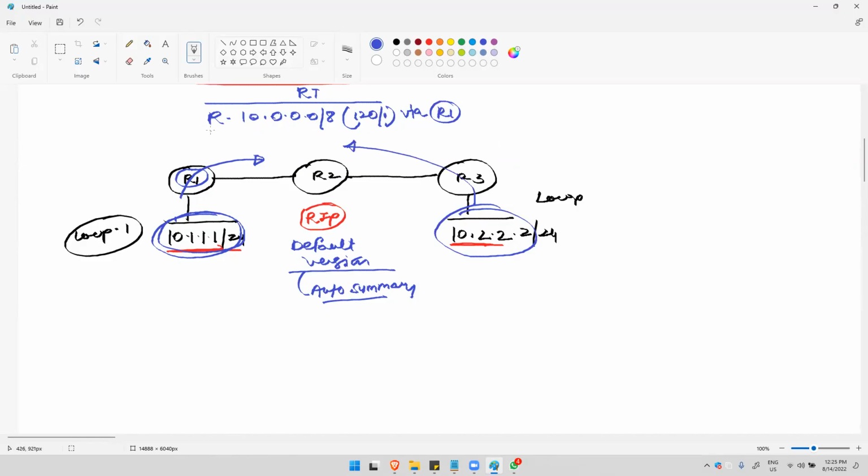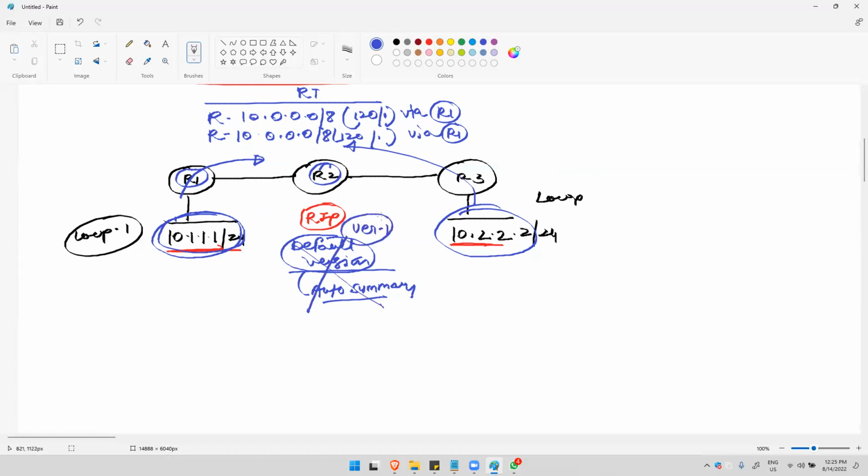If R3 shares this network information, then router 2 again receives the route 10.0.0.0. It will conflict. So from R2 to this side, is communication possible? No. In this case, with the default version, communication is not possible. We are running version 1.